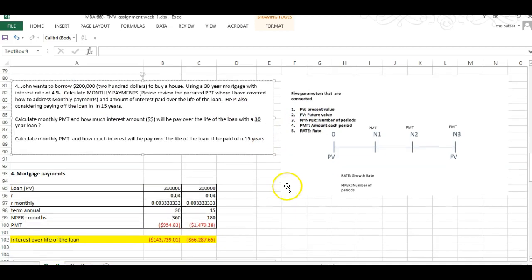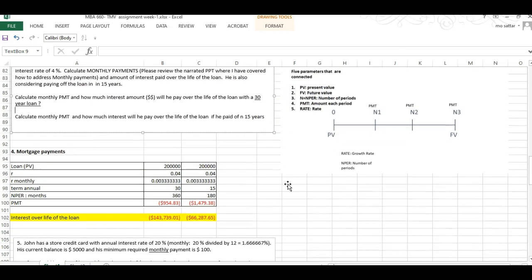So how will we do that? Let's look at doing it again over here. I have done it here once for 30 years, and I've done it here again for 15 years. But I'll do it again here, so you can see the calculations. So what we want to do is write down these numbers again as an example.